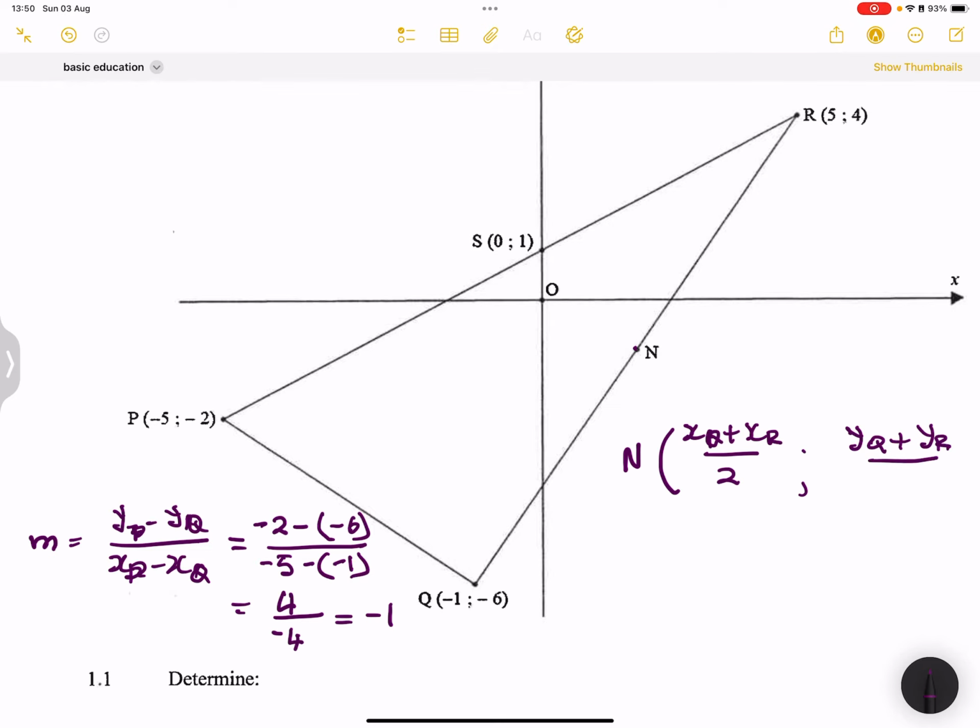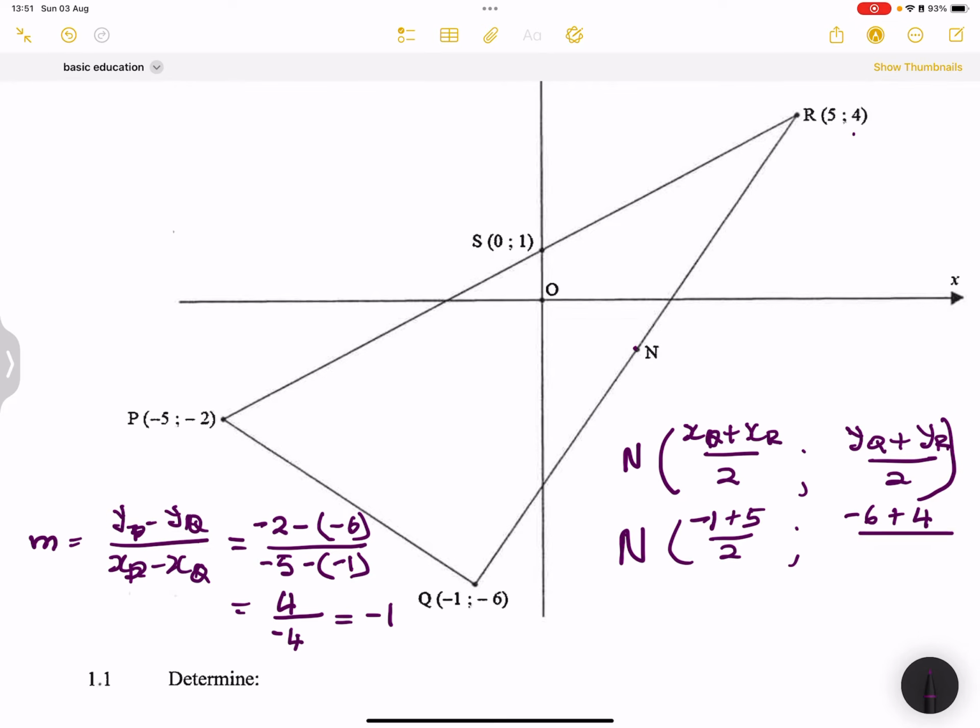Now let's work that out. That's going to be negative 1 plus 5 divided by 2, apologies, xq is negative 1 there. And for the y, I've got negative 6 plus 4, the y coordinate of R, divided by 2.